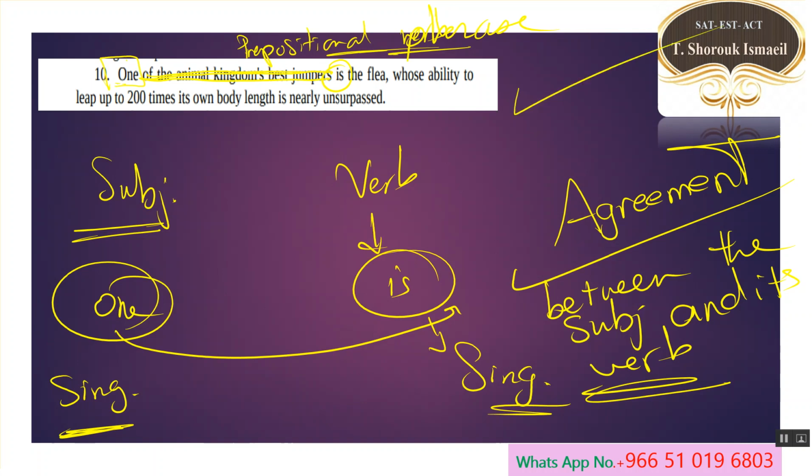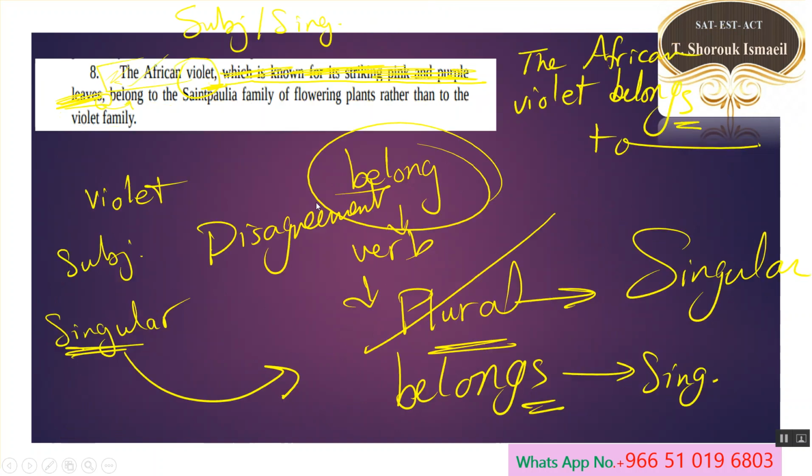We don't need to correct anything. If you want to have a look at the rest of it to make sure, here you find the comma, whose relative clause, so it's non-essential, leap up to blah blah blah. Okay, its body length is nearly unsurpassed. And here the verb is singular, so all of it is singular, and there is an agreement. Okay, so this sentence is correct. It doesn't need any correction.